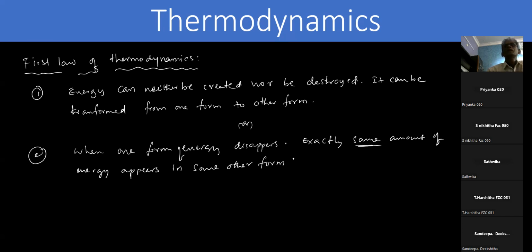Total disappearance is not possible according to the law of conservation of energy. Right? When one form of energy disappears in the system, exactly the same amount of energy appears in some other form. This is the second definition.